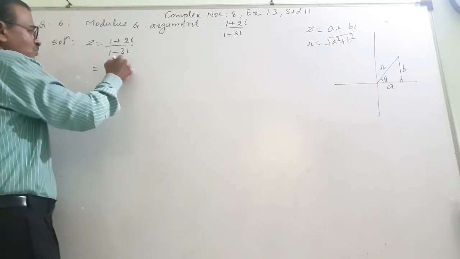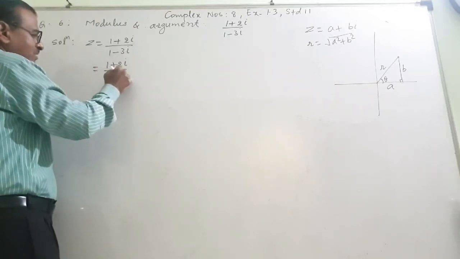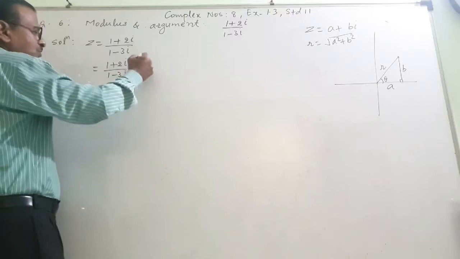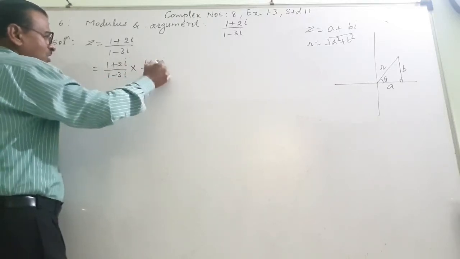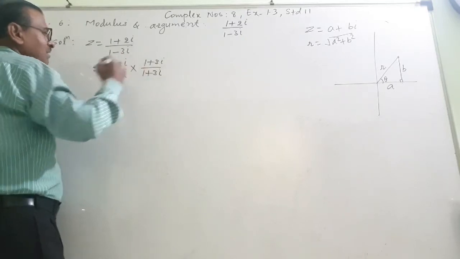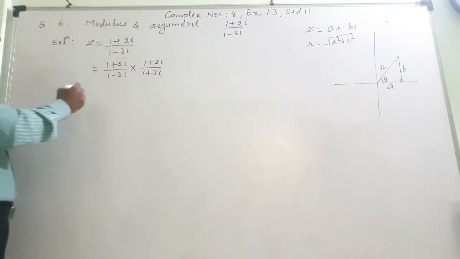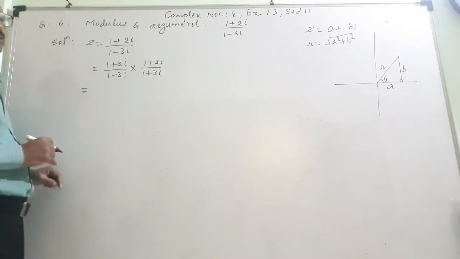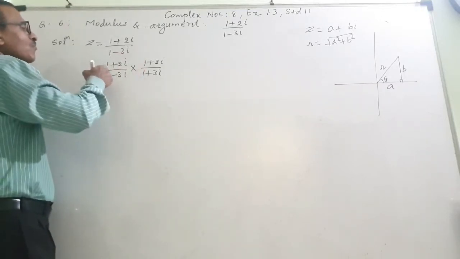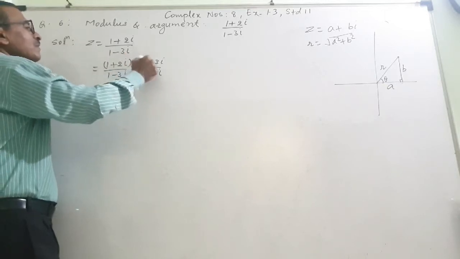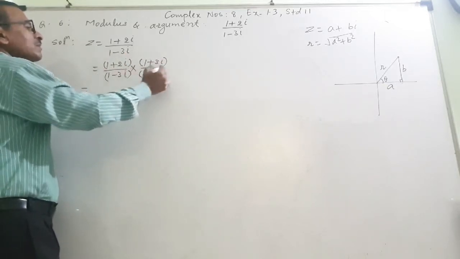So (1 plus 2i) upon (1 minus 3i) into, opposite sign, (1 plus 3i) upon (1 plus 3i). This is rationalizing the denominator, multiplying by the conjugate and dividing by the conjugate. So I will multiply 1 plus 2i this way and this way.